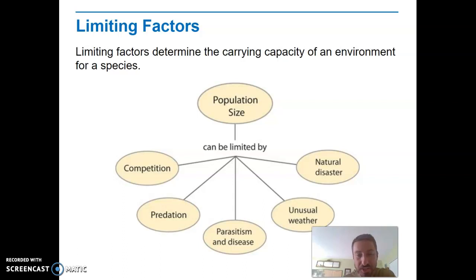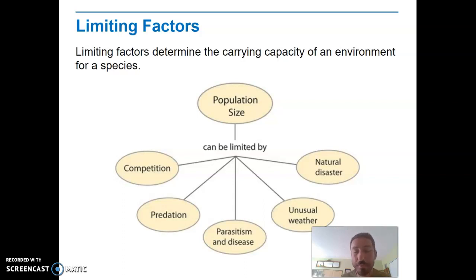The other 3 factors that we see here, parasitism and disease, predation and competition, well, these are all density dependent limiting factors. These are factors that change how much they're going to influence the population depending on how dense the population is. Just imagine if you have organisms clustered more closely together, there's a more dense population. With the pandemic that's going through our population right now, we try to keep ourselves distanced, right? So if you're closer together, you're more likely to spread disease.